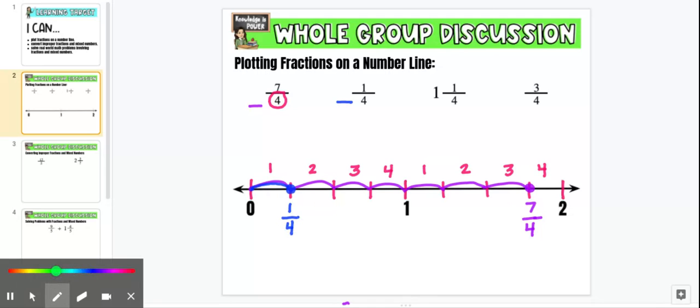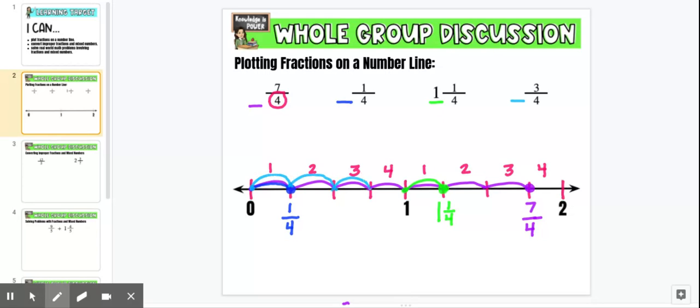Now, this is where things get a little bit different because we have a 1 here. So instead of starting at 0, we're going to start at 1. And it's 1 and 1/4. So I'm going to take 1, and then I'm going to jump 1 more, and I am going to write 1 and 1/4. Okay, last but not least is 3/4. Again, no whole number here, so I'm starting at 0, and I'm going to make 1, 2, 3 jumps, and write 3/4.